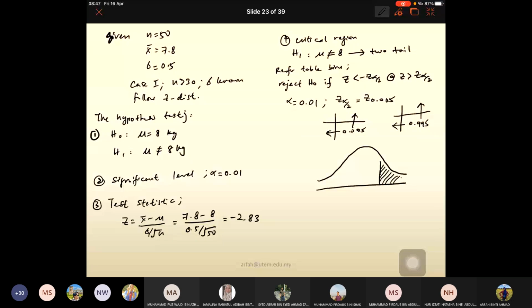Negatif Z alpha per 2 dapat berapa? 0.995 here. Negatif 2.58. So yang ini negatif 2.58 and over here is 2.58. Okay. Dia ada positif dan juga negatif value.